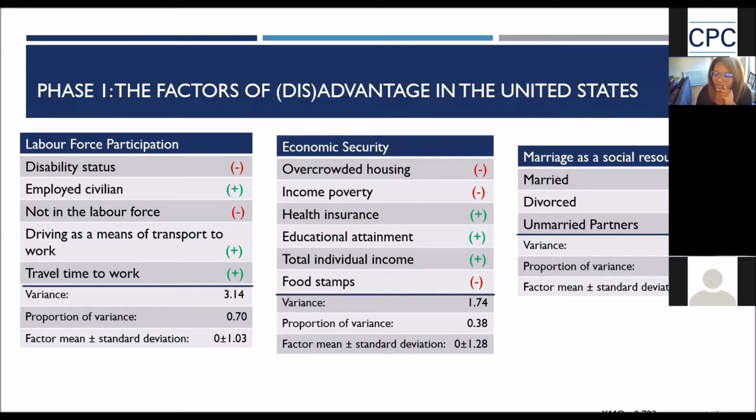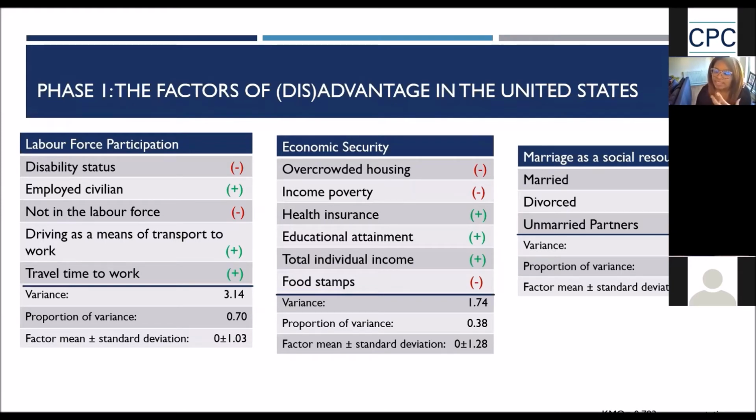So 5 variables loaded strongly on factor 1. The items loaded on this factor are disability status, travel time to work, whether the person is an employed civilian, and driving as a means of transportation to work.